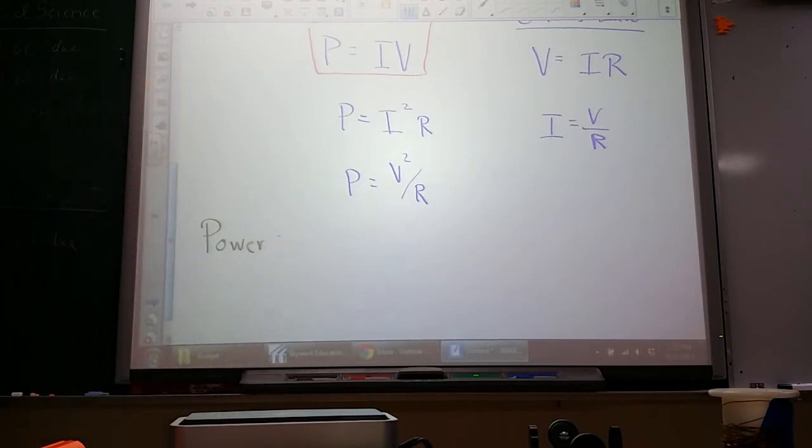One last thing before we move on. What did we define in words power to be? We've sort of already defined it by the formulas.